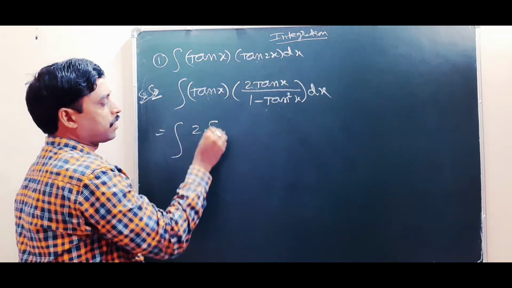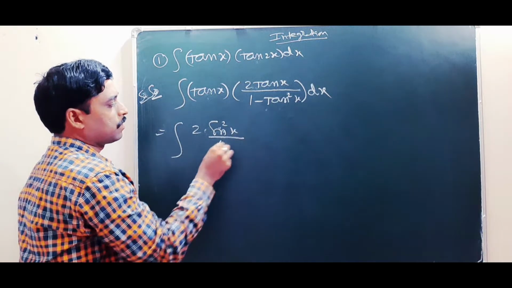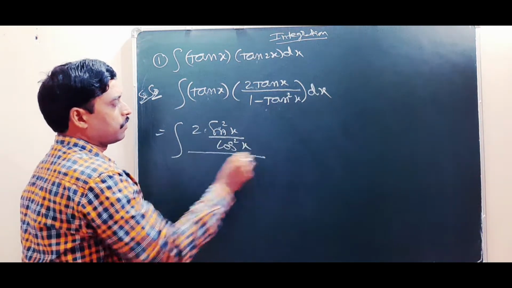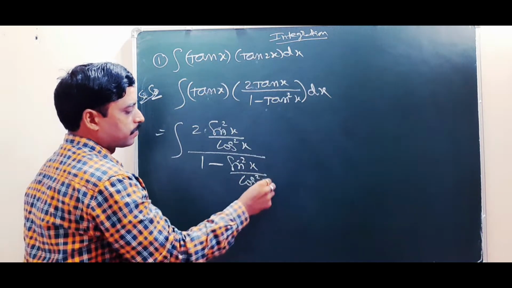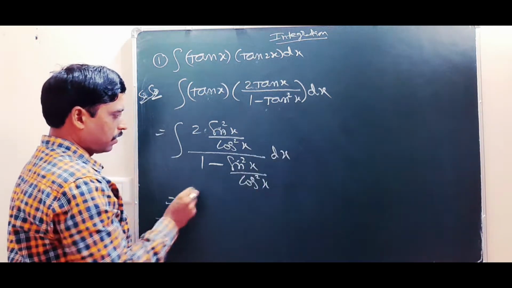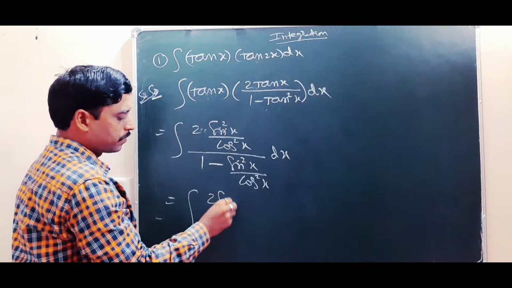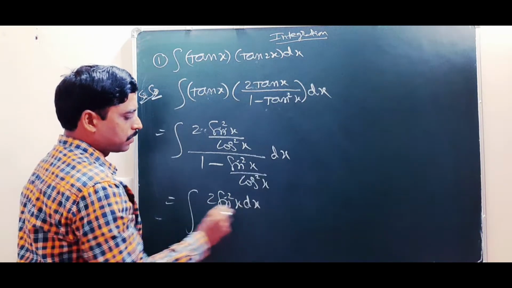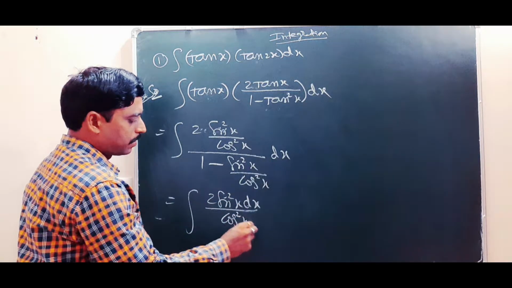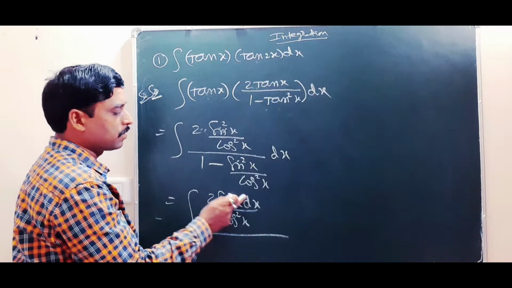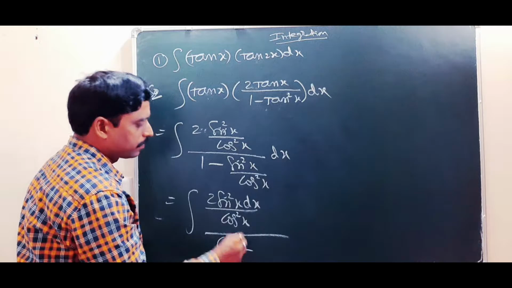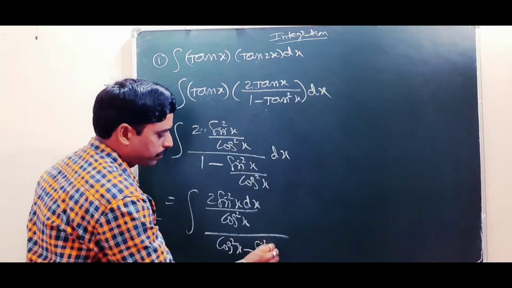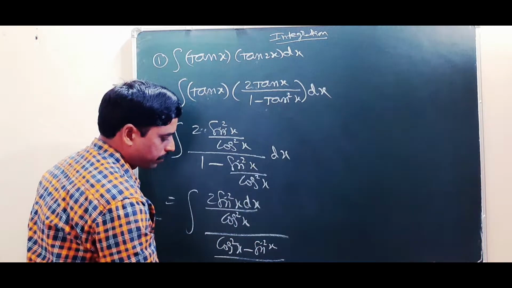Write tan x as sin by cos: 2 sin square x by cos square x, divided by 1 minus sin square x by cos square x. So write 2 sin square x dx by cos square x. Let us take the LCM: cos square x minus sin square x by cos square x.